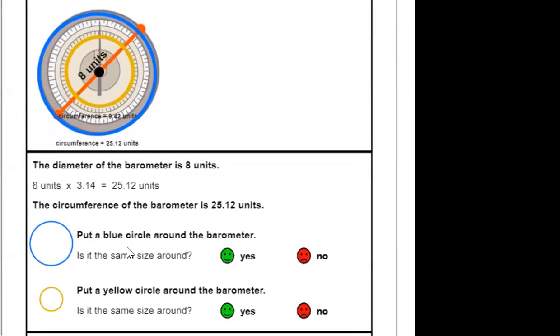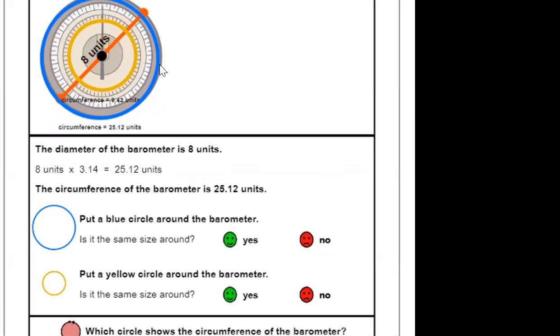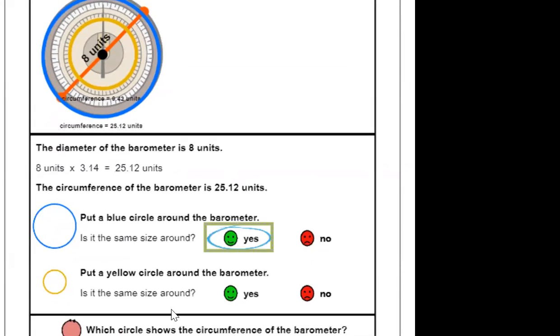We put the blue circle around the barometer. Is the blue circle the same size as the barometer all around? Yes or no? Yes, it is. Is the yellow circle the same size around?